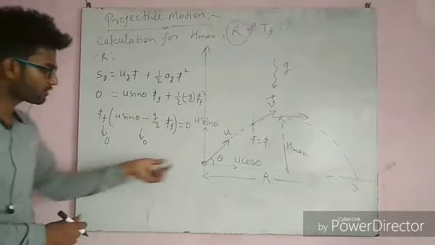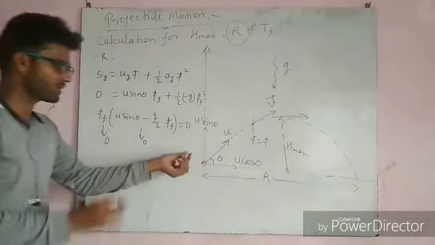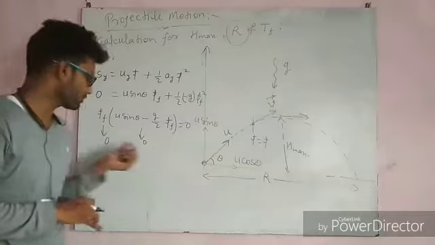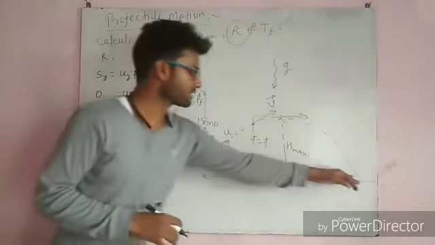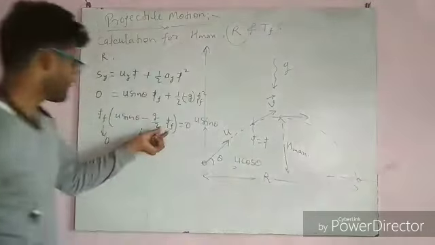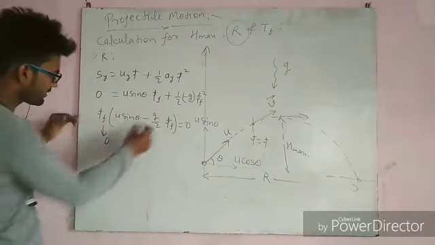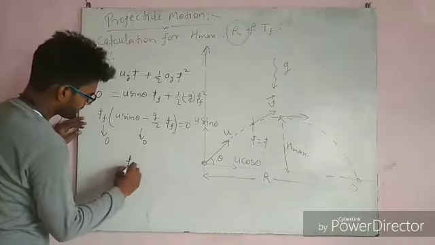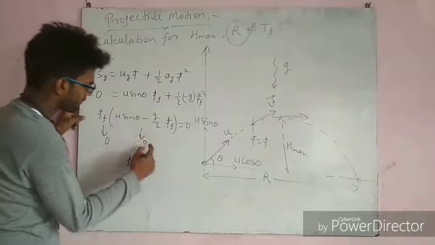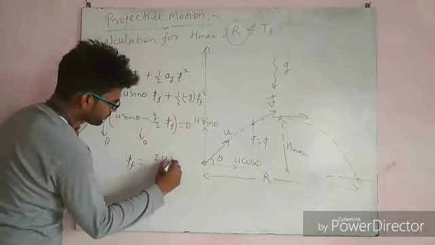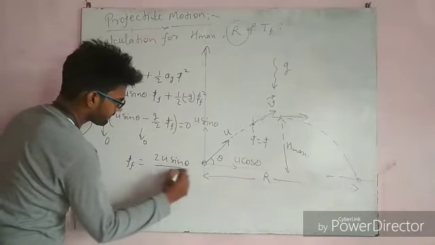If Tf equal to 0, displacement is 0, that is the initial point. We don't have to consider this value 0. We have to consider the other one.